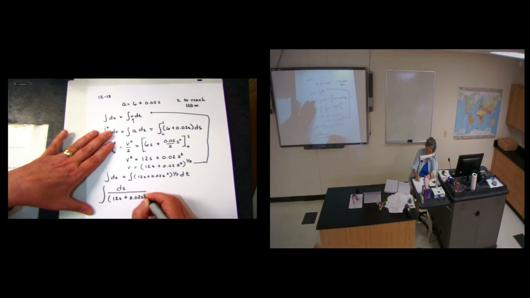Natural log of the bracket, the square root of 12s plus 0.02s squared, plus s square root of 0.02 plus 12 over 2 square root of 0.02.